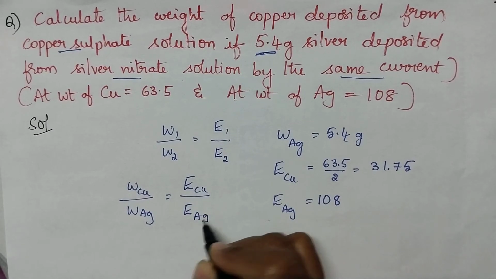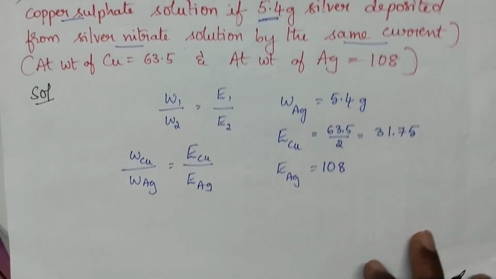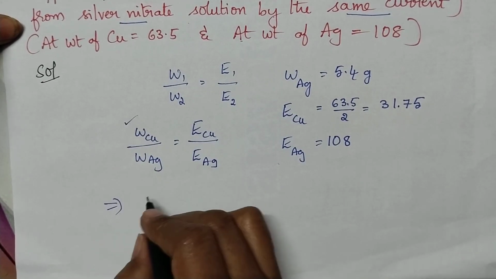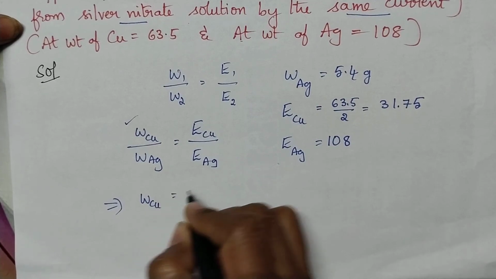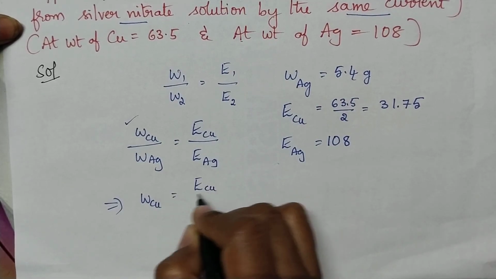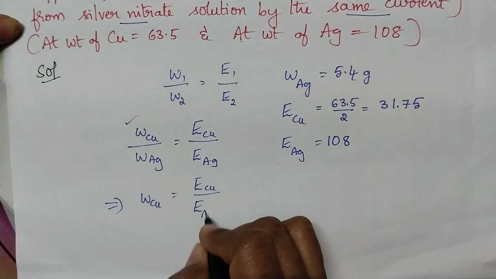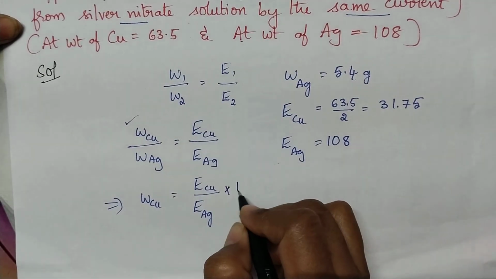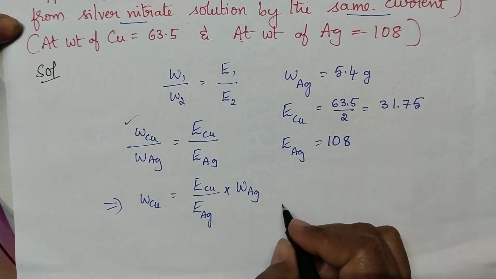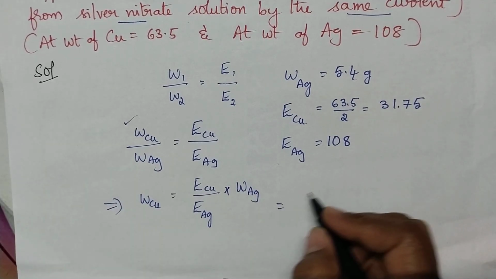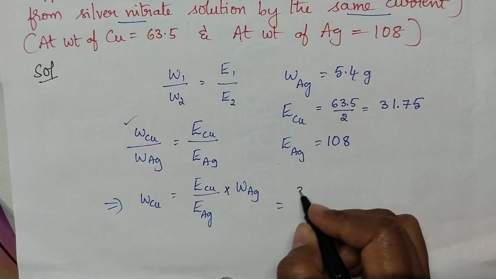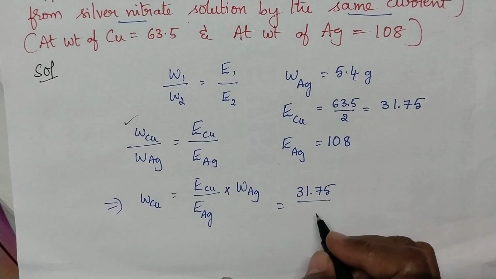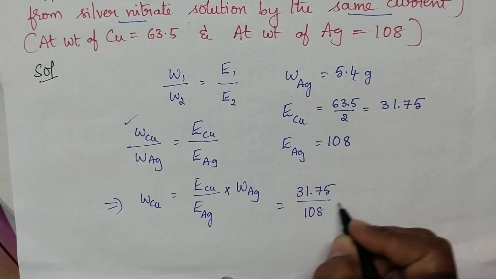So the weight of copper divided by weight of silver is equal to equivalent weight of copper divided by equivalent weight of silver. And what we are supposed to calculate? The weight of copper deposited. So weight of the copper is equal to equivalent weight of copper divided by equivalent weight of silver into weight of the silver. So that is equal to, what is the equivalent weight of copper, students? 31.75. What is the equivalent weight of silver, students? 108.